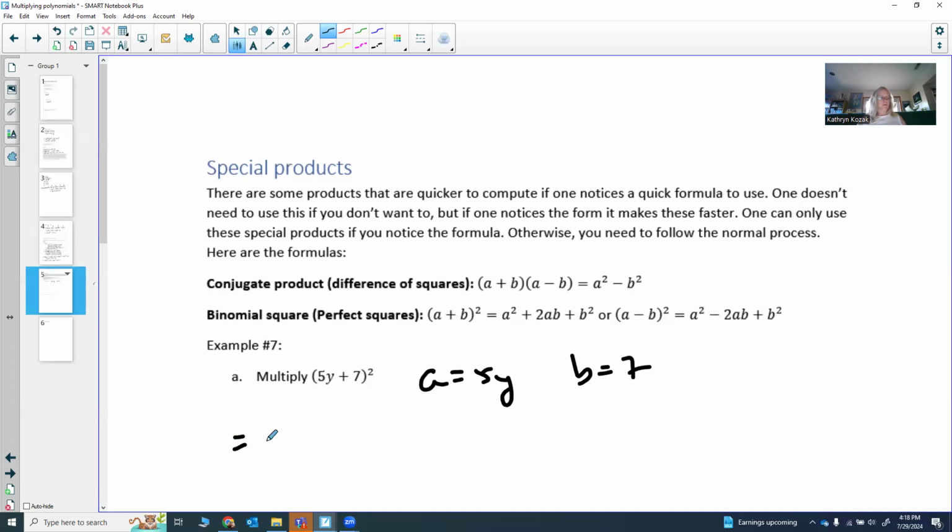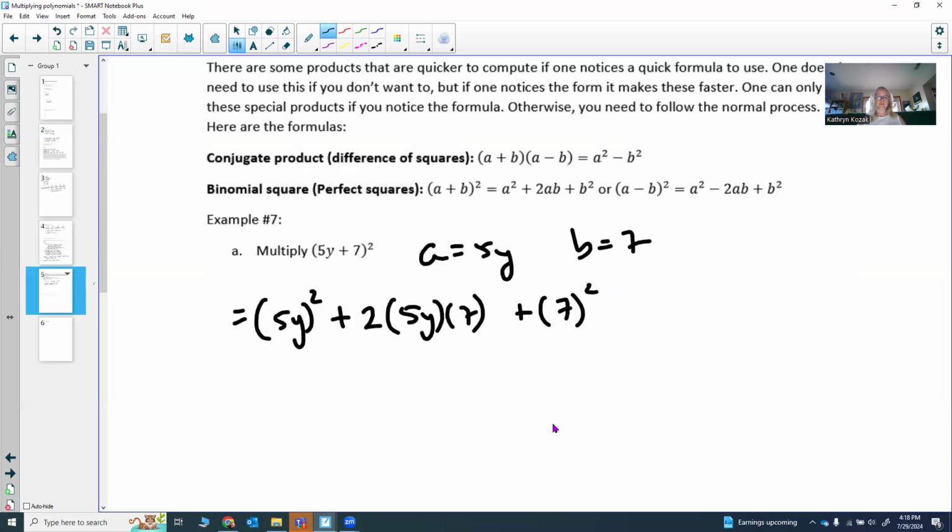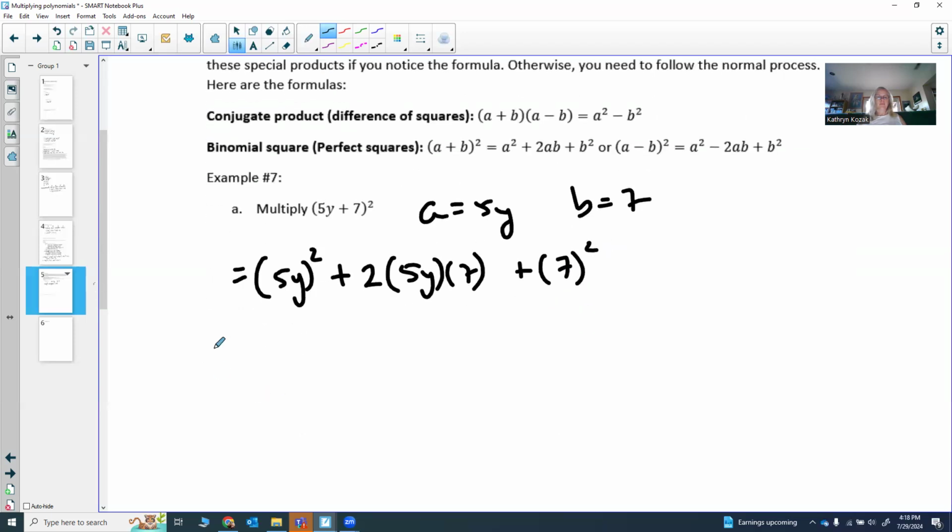So this will equal a squared, 5y squared, plus 2 times 5y times 7, a times b, plus 7 squared or b squared. That will give you 25y squared plus 70y plus 49.